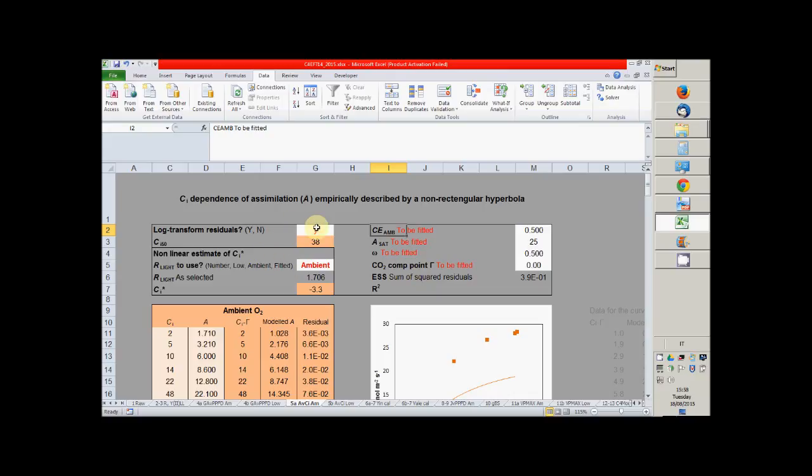We may specify whether to log transform residuals and what value of respiration in the light we may use. This may include a number or any of the fitted values found before.